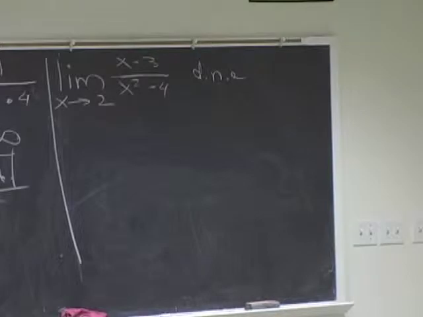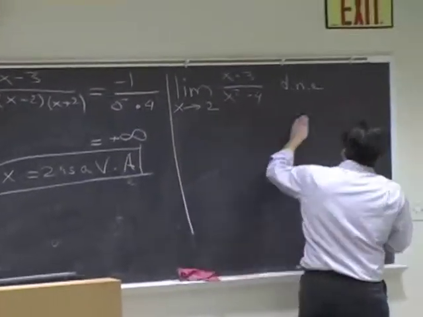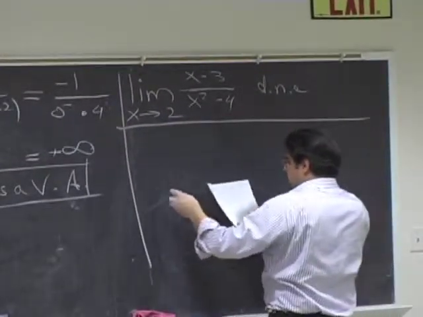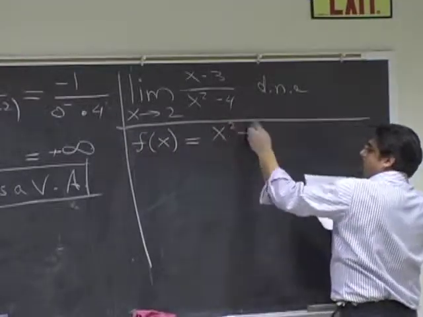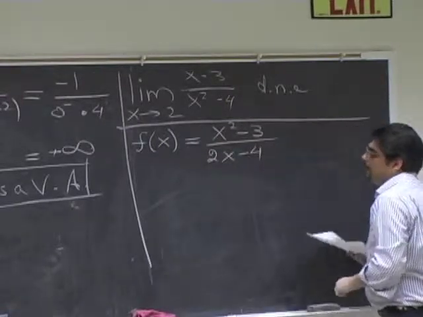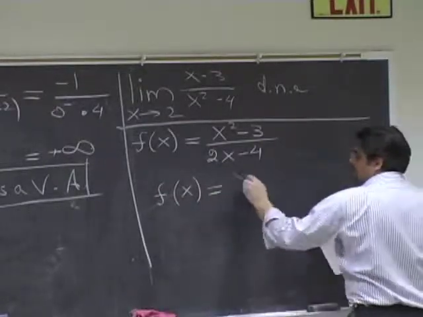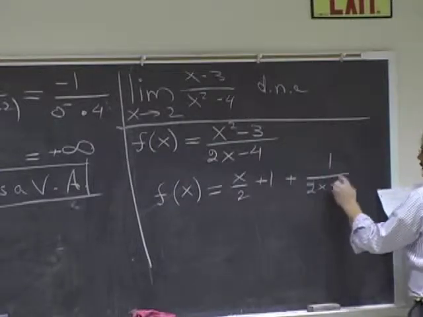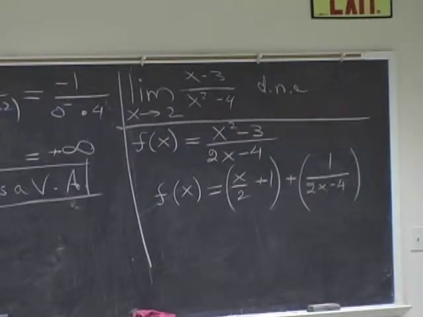Let me go back and let's complete our study of that rational function. Let's go back to this one. F of x equals x squared minus 3 over 2x minus 4. And after long division, we decided to write this as x over 2 plus 1 plus 1 over 2x minus 4. Does that make sense?